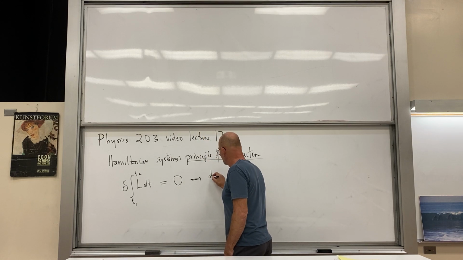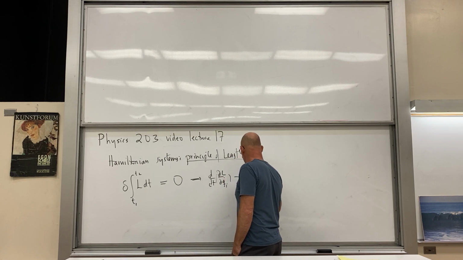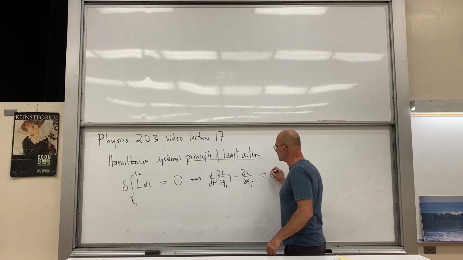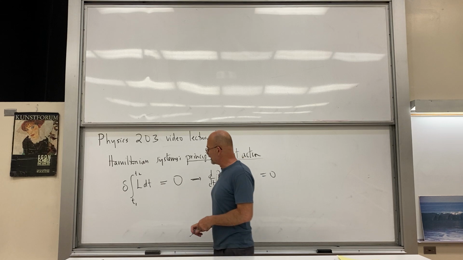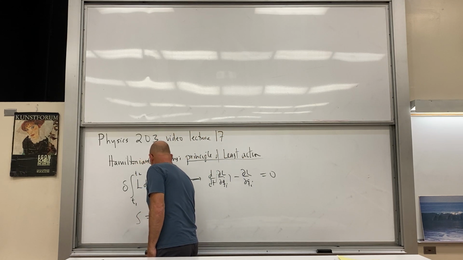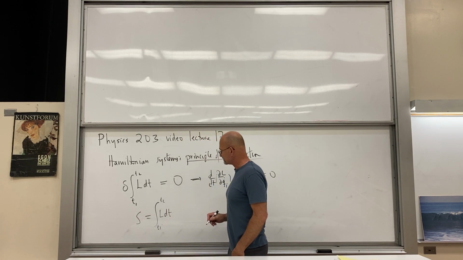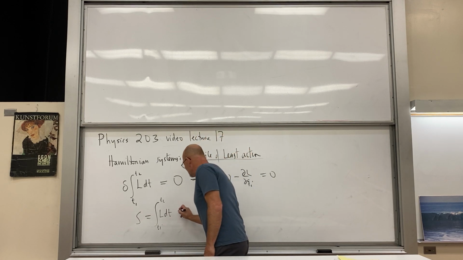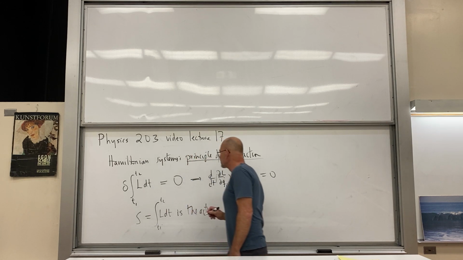So d/dt of ∂L/∂q̇i minus ∂L/∂qi equals 0. Okay. So that's what we had. This was the principle of least action, that the action S is equal to the integral from T1 to T2 of L dt. That is the action. So that was the principle of least action.